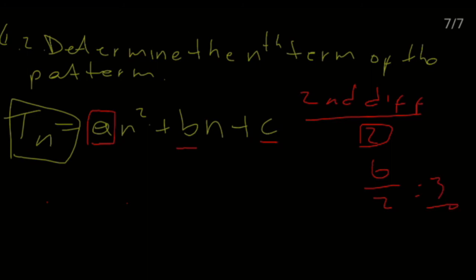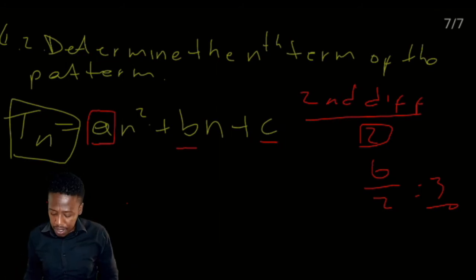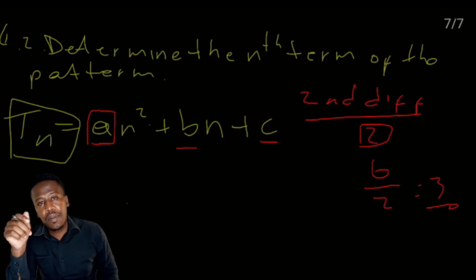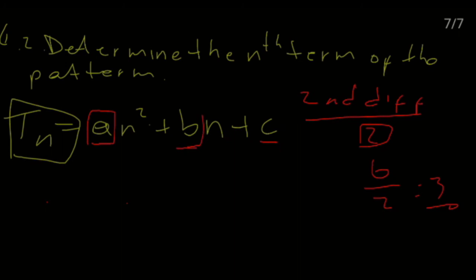Remember, in a linear or arithmetic pattern, A is the first term of the first difference. But in a quadratic pattern, the second difference divided by 2 should give you your A. Now what are we left with? We are left with B, and then we are left with C, right?